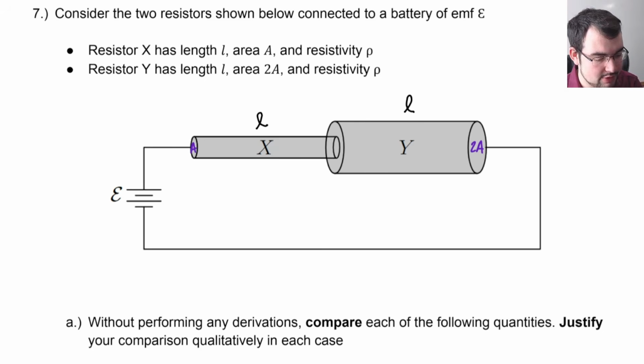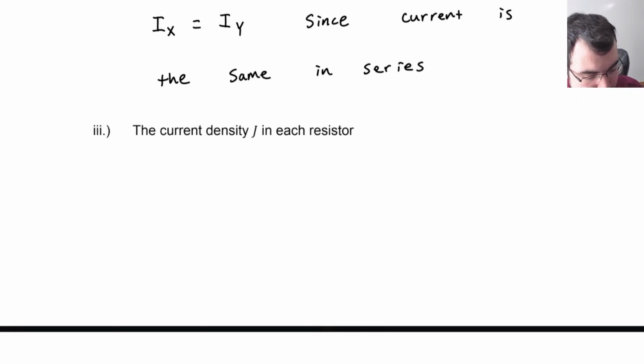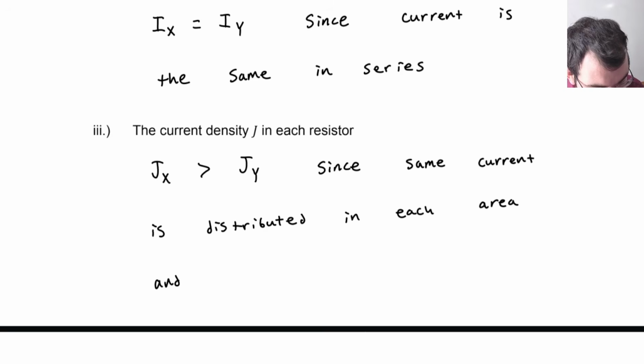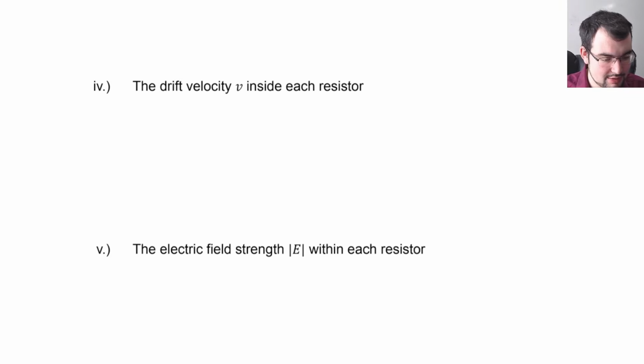All the charge flowing through X must also go through Y, but it gets spread out more in Y. So the current density is higher in X, since the same current is distributed in each area, and the area of Y is larger. Because you're basically dividing by a bigger number. That's why the density is higher in X.